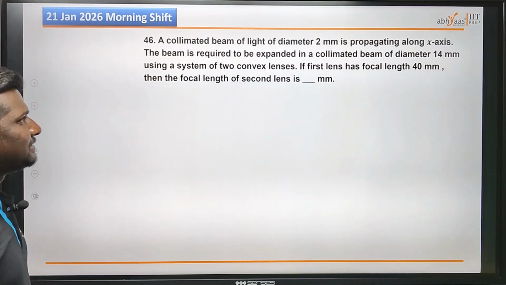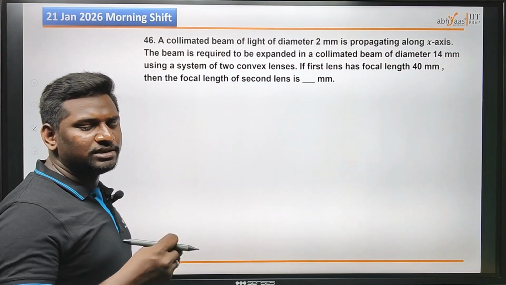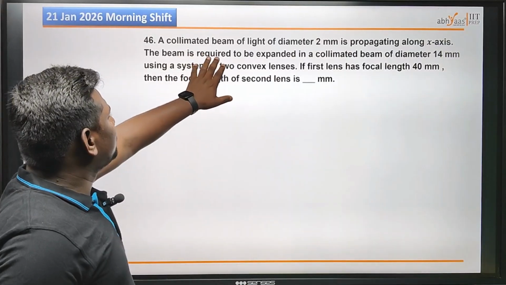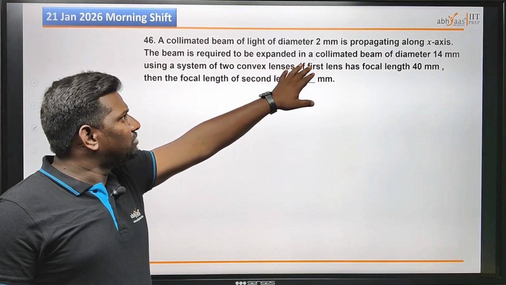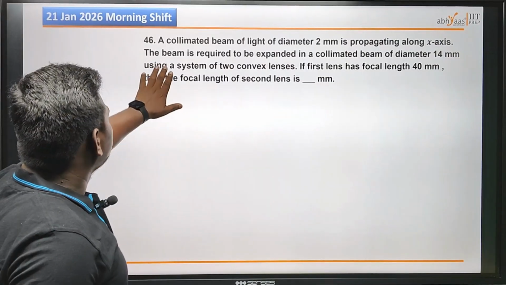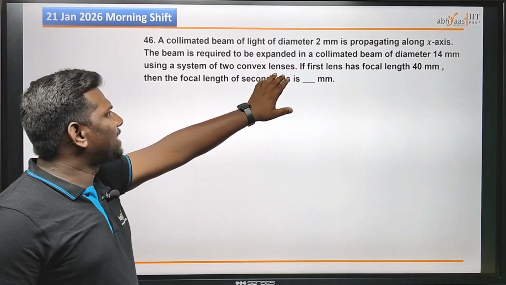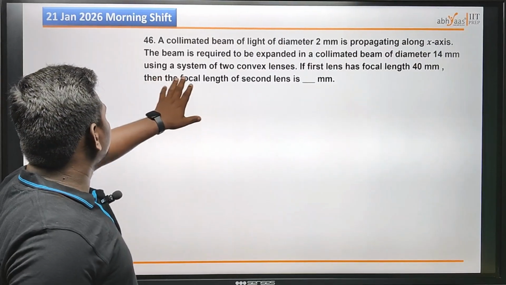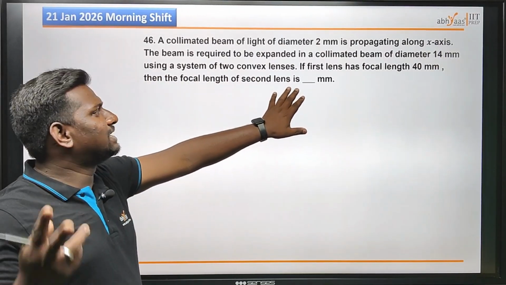So next one, see here, this is section 2, the numerical section. A collimated beam of light of diameter 2 millimeter is propagated along the x-axis. The beam is required to expand into a collimated beam of diameter 14 millimeter using a system of two convex lenses.